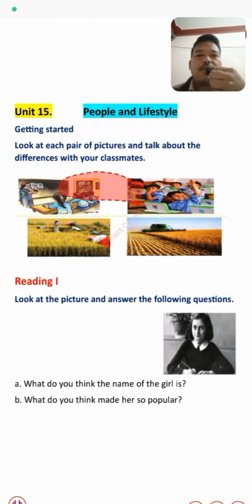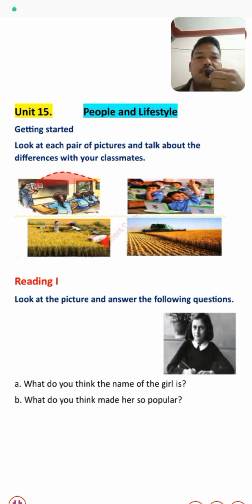Okay, the first pair of picture we can see. Yes, students, in the first pair we can see both picture are the classroom picture, and let's find out the difference. What difference do you find in these picture?